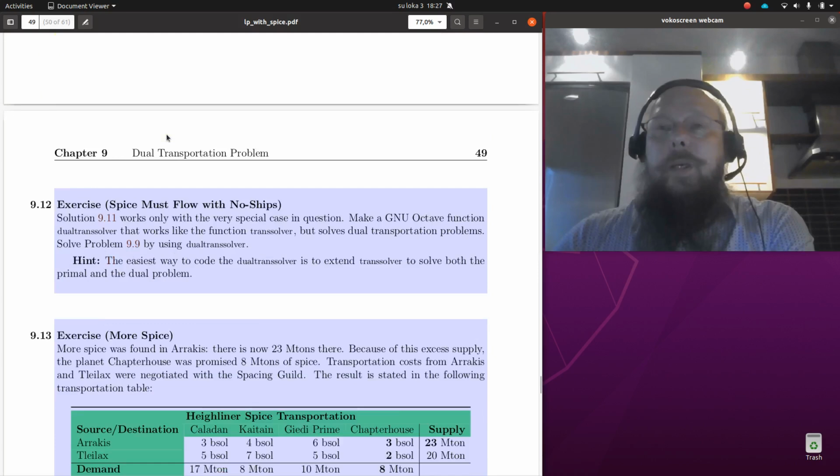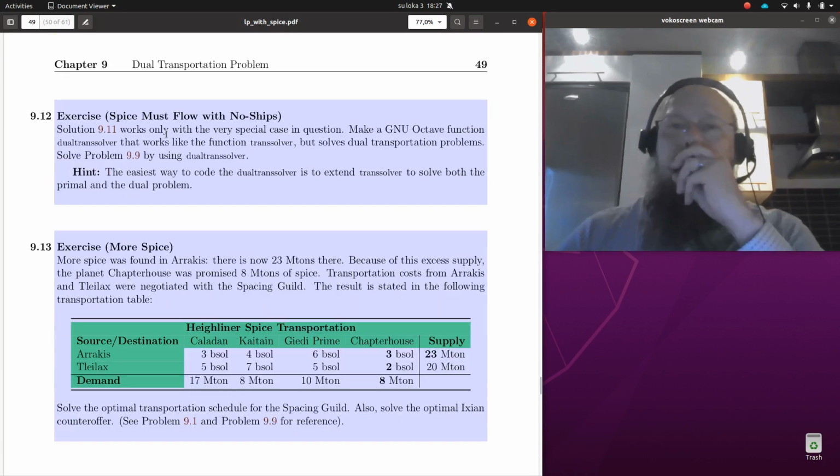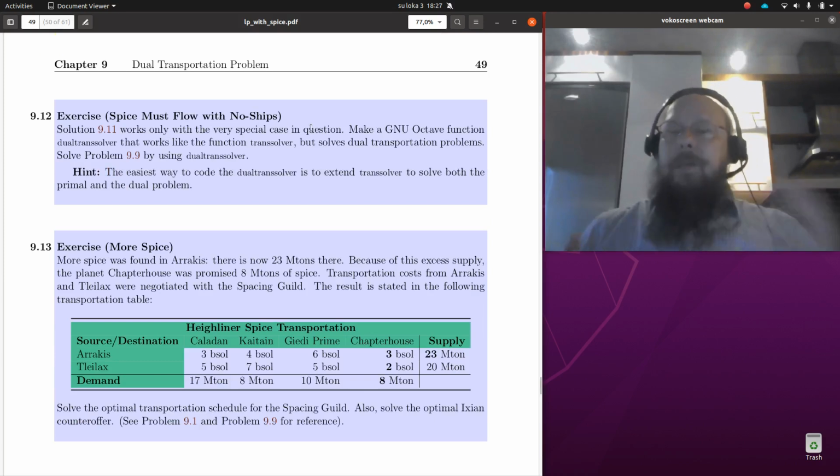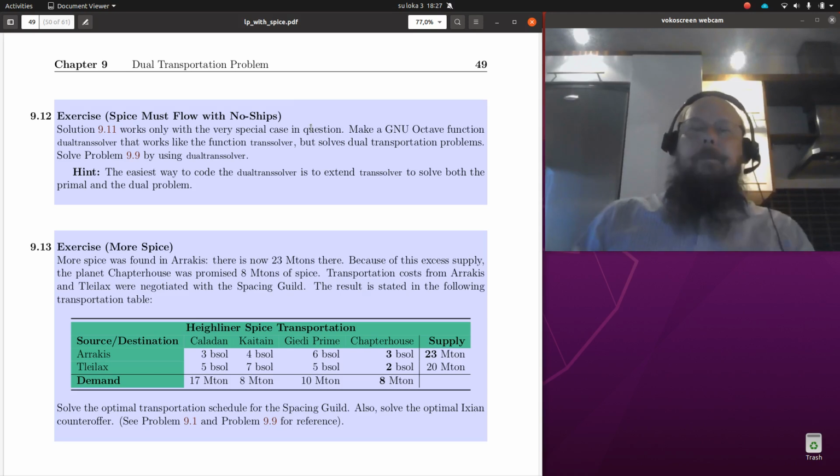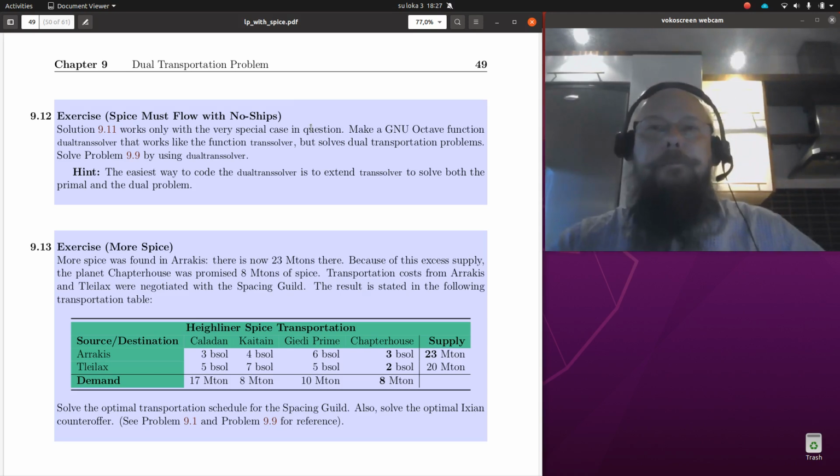Yeah, it was quick and dirty. And why is it quick and dirty? Well, it only works with the very special case of the question. Now we have this transsolver that worked for every transportation problem, basically. The obvious question is, can we do a similar thing for these dual transportation problems?